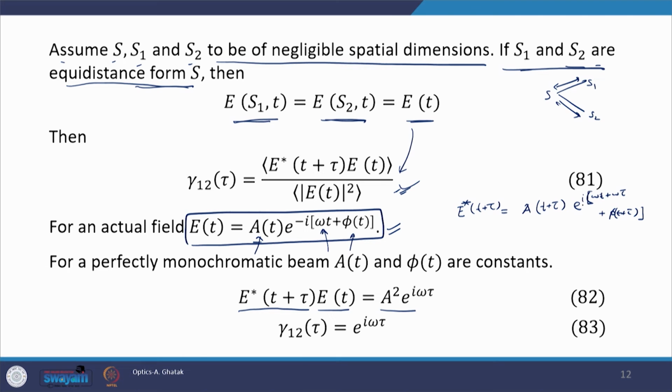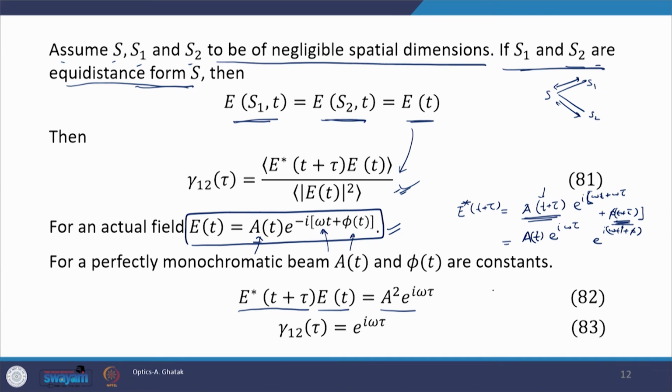But we know that A and phi are slowly varying functions of time; in this case, since it is a monochromatic wave, they are constant and will not vary. Therefore it would be A, and in the phase part we have e to the power i omega tau, and the rest of the function is i(omega t plus phi).